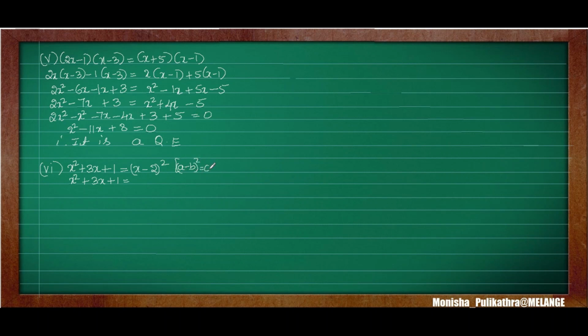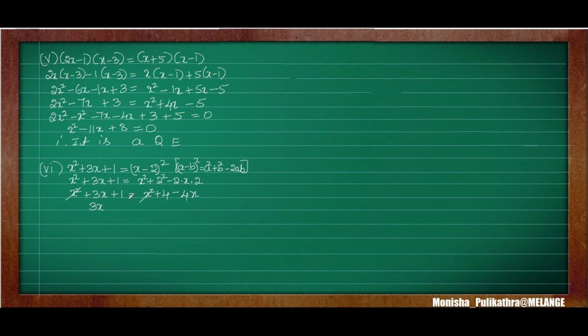So a minus b whole square is a square plus b square minus 2ab. In the place of a we can write x, in the place of b we can write 2. So x square plus 2 square minus 2, a is x and b is 2. So next, x square plus 3x plus 1 is equal to x square plus 2 square is 4, minus 2 2s are 4x. Here x square gets cancelled.